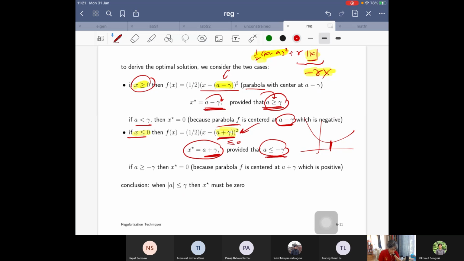Of course, if that condition doesn't hold, if a is bigger than minus gamma, x star must be 0 instead, because the parabola centered at this point is a positive number. So that leads to the conclusion from this analysis: whenever a is less than gamma or a is bigger than minus gamma, which means the absolute value of a is less than gamma, your x star must be 0.